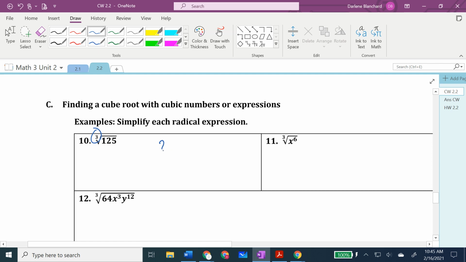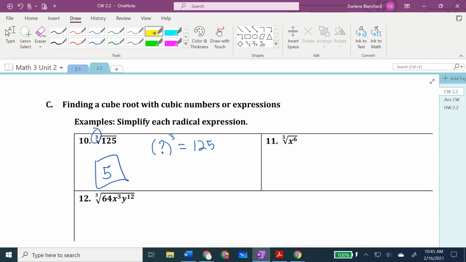So I'm going to put question mark, what multiplies 3 times? So some number to the third power gives you 125. What is that number? What number will multiply 3 times and give you 125? Right. The answer is just flat out 5. Boom, done.